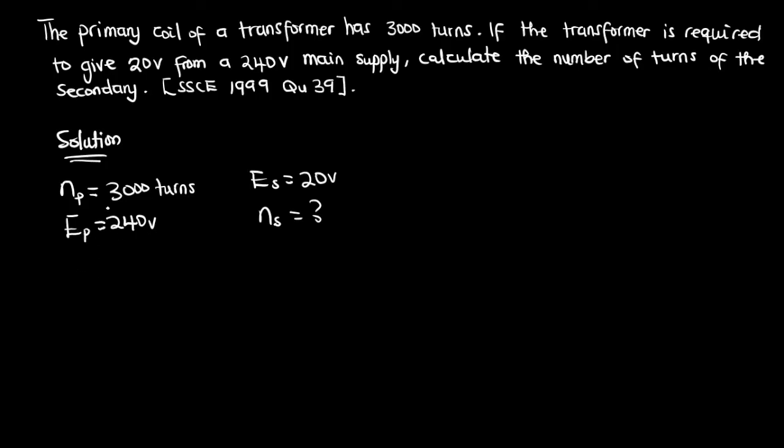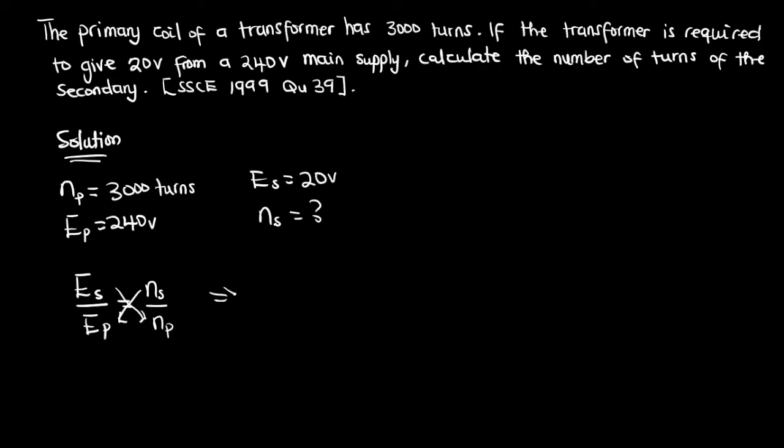Are we okay? So this is fairly easy, very easy. So for this particular question, the ratio of the voltage in the secondary to that of the primary is equal to the number of turns in the secondary over the number of turns in the primary. This is the ratio that we have. Are we okay? So if we make NS the subject over here, first of all, we'll cross multiply.